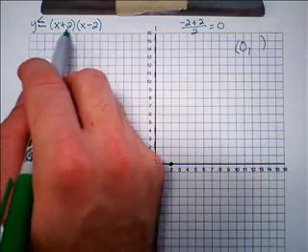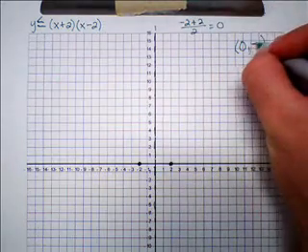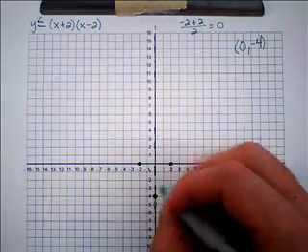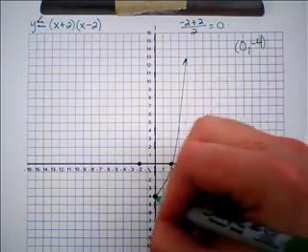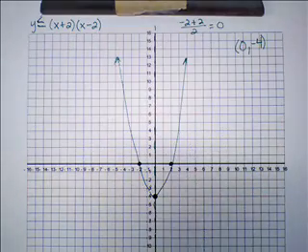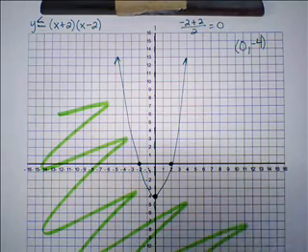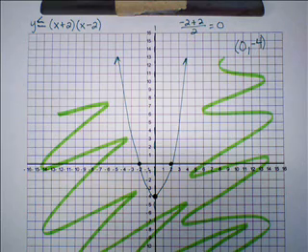Well, 0 plus 2 is 2, 0 minus 2 is negative 2, 2 times negative 2 is negative 4. So my vertex is 0, negative 4. It's a solid line. It's less than, so it's everything below the vertex, everything below the graph. That's all you've got to do.